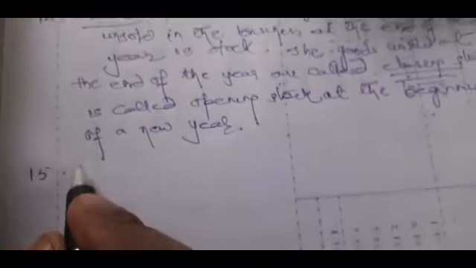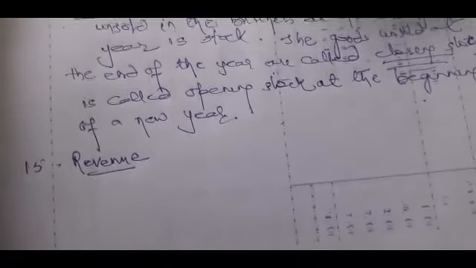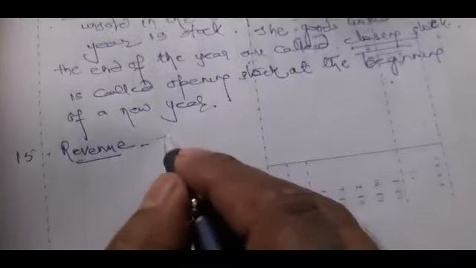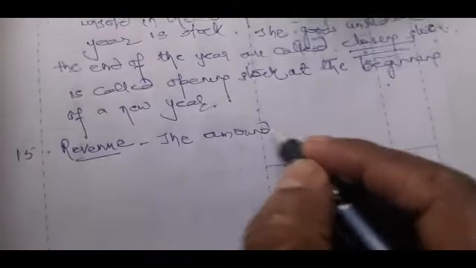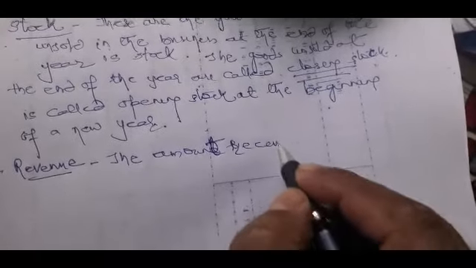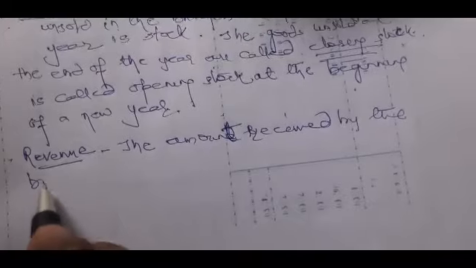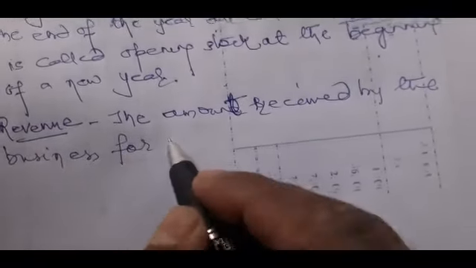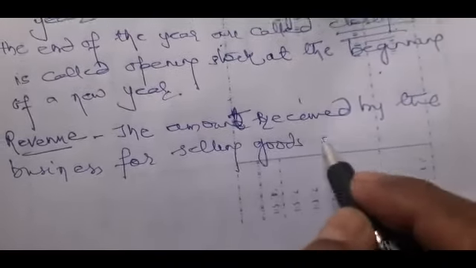Next important term used in accountancy is revenue. Revenue is the amount received by the business for selling goods or services.